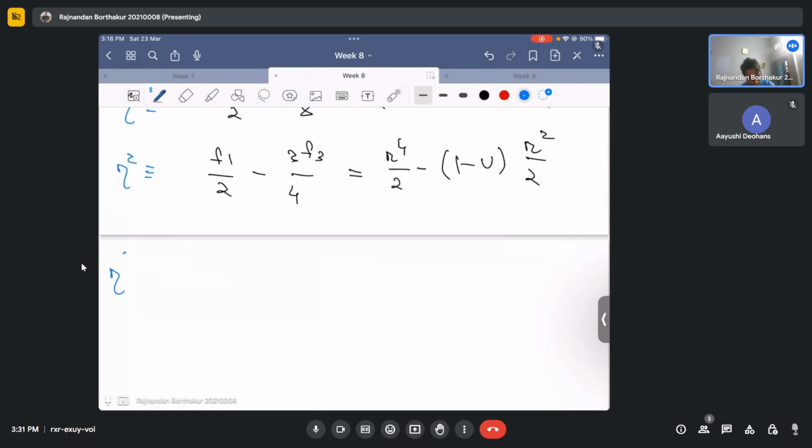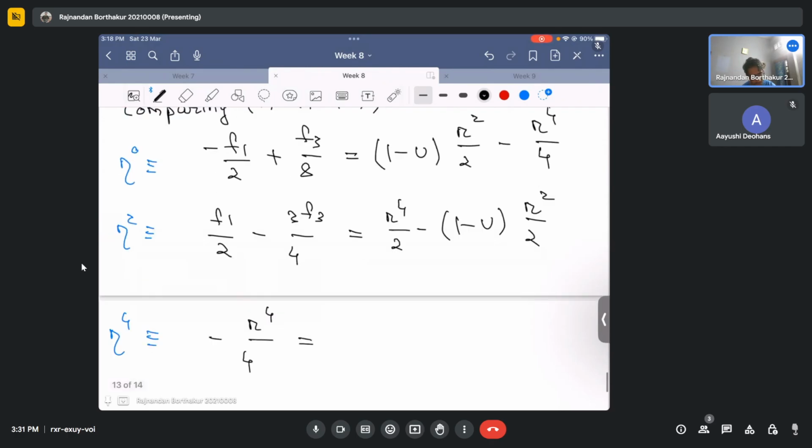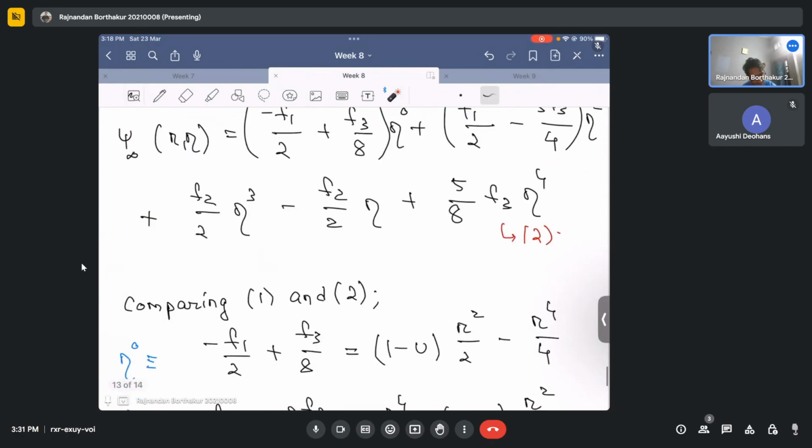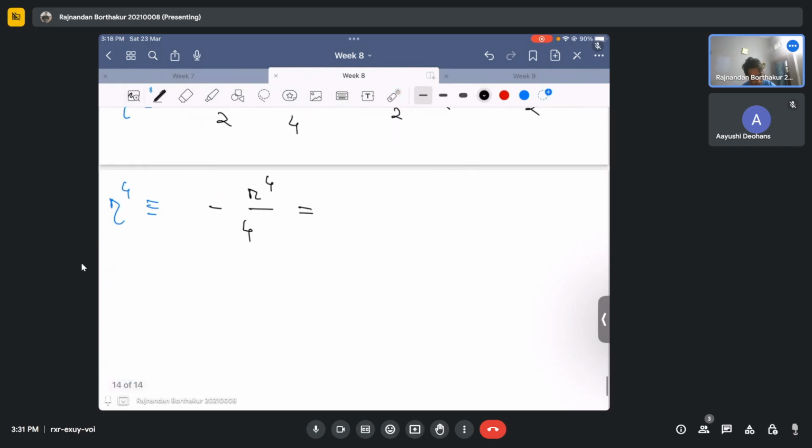So if I compare now the eta power 4 terms, it becomes minus r power 4 by 4, and this will become equal to 5 by 8 f3.